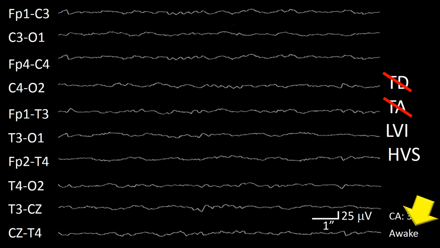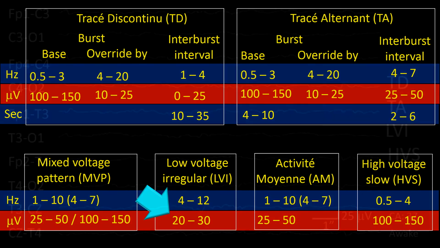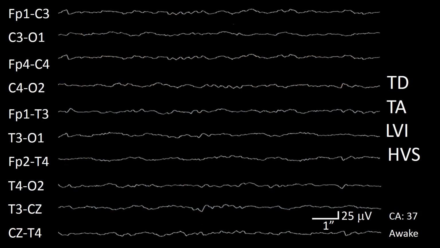Since the patient is awake and high voltage slow is a pattern that is only present during quiet sleep, and in addition the voltage presented in this epoch is low, the best answer for this question is low voltage irregular.